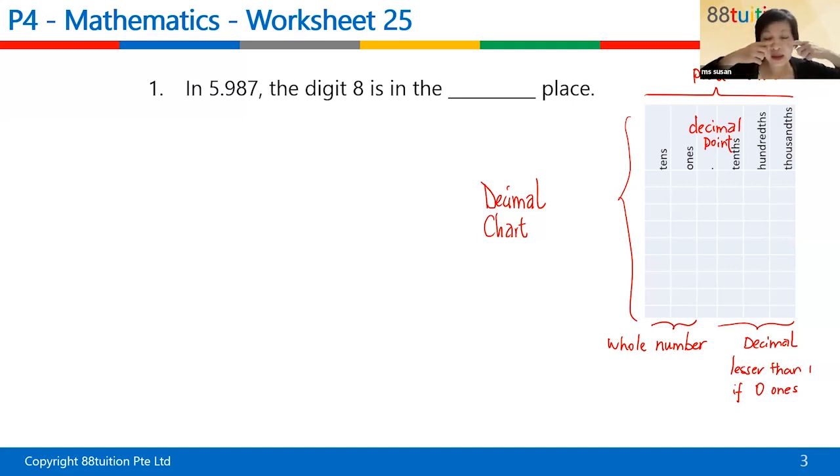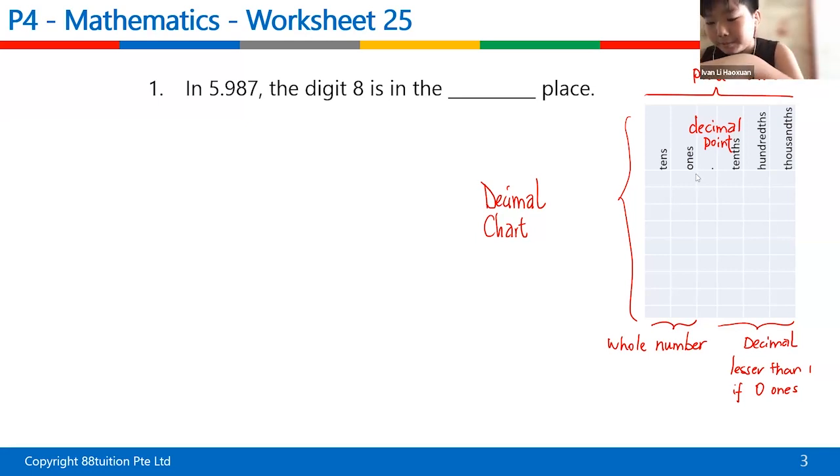Now, if you are looking at my decimal, just now I was telling the student, I'm trying to use a decimal chart to teach this topic. How does it come about? You see on top, they have these headings and we call them place values. Last time you only learned up to whole number.